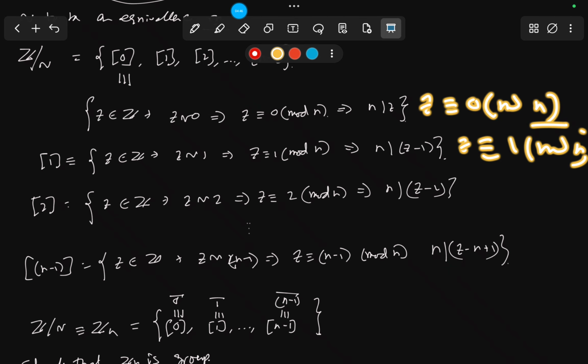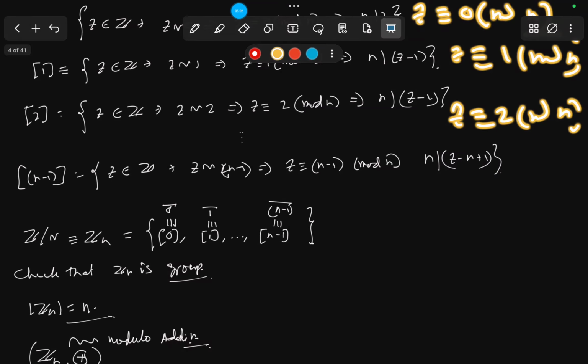Similarly, 2 bar is all the integers that give 2 as a remainder upon division by n, that means z is congruent to 2 mod n, and similarly up to z is congruent to n minus 1 mod n. So these are the sets denoted as 0 bar, 1 bar, 2 bar.